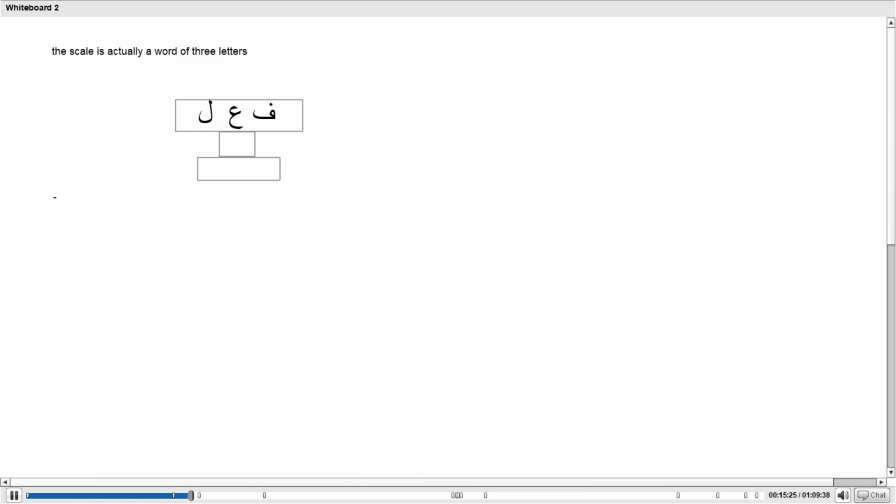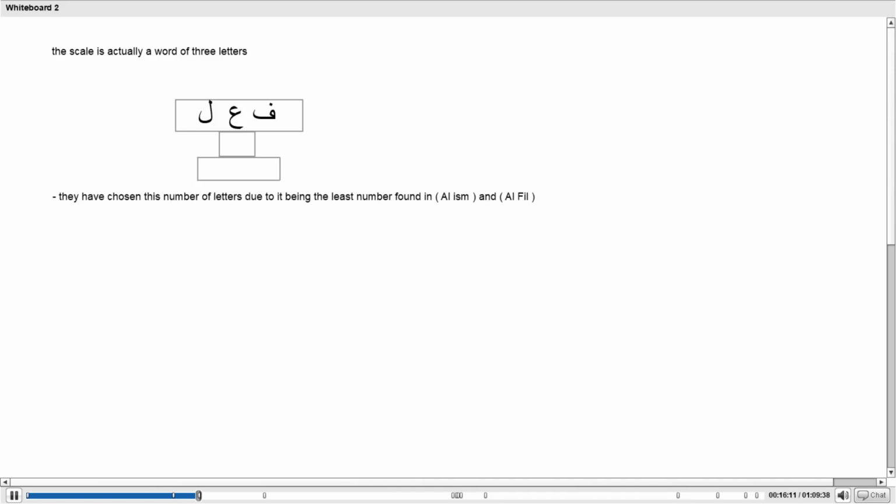Firstly, they have chosen this number of letters due to it being the least number found in al-ism and al-fi'l.